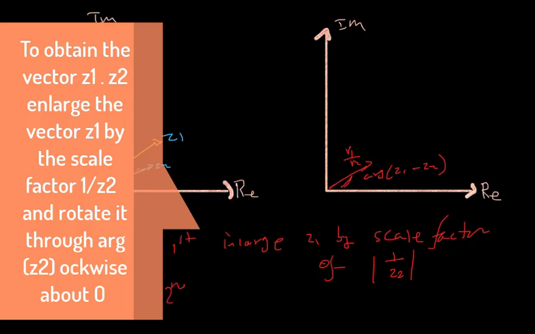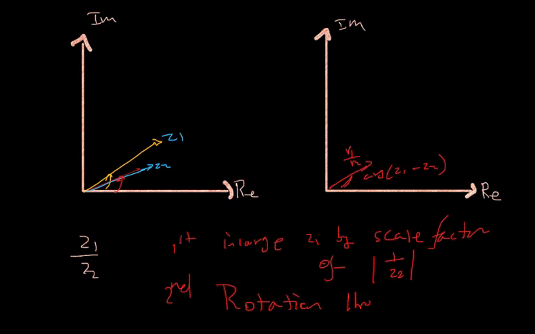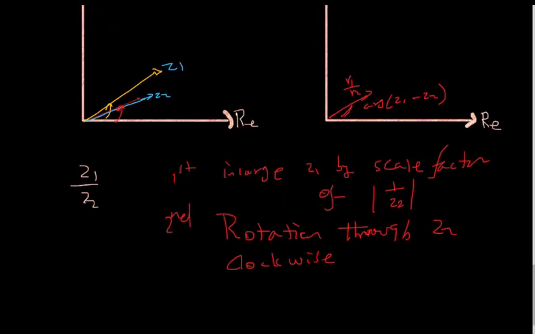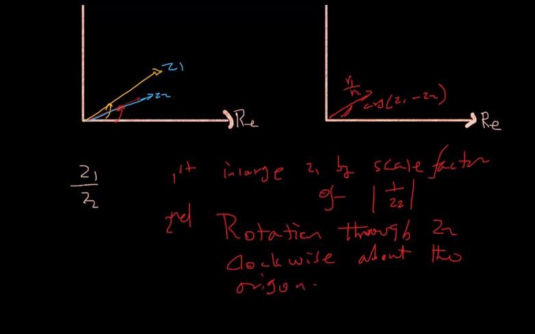And then the second step is a rotation through the argument of z2, in the clockwise direction, about the origin. This is how it works. This is how you represent geometrically the quotient of two complex numbers.